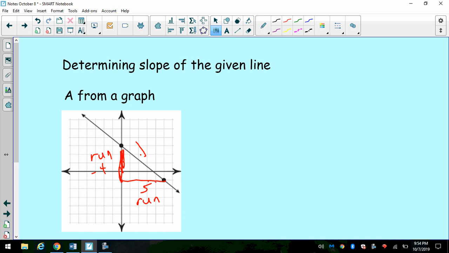We're sloping downward. So the slope here would be -4/5. So always put the rise, vertical, over the run, horizontal. And if the line goes down from left to right, just remember that means it's going to be a negative slope. If it goes up from left to right, it's a positive slope.